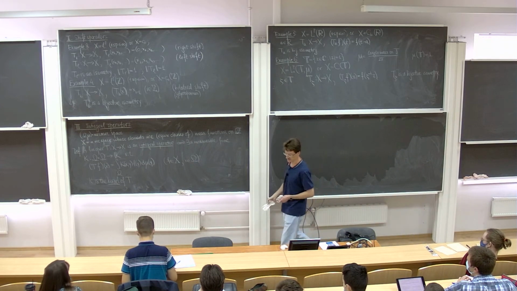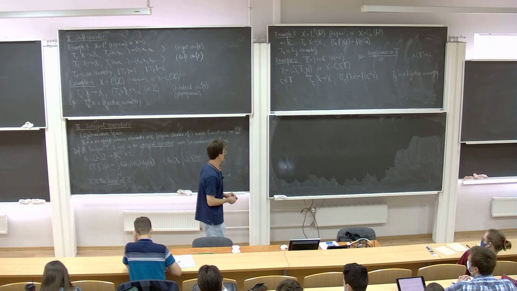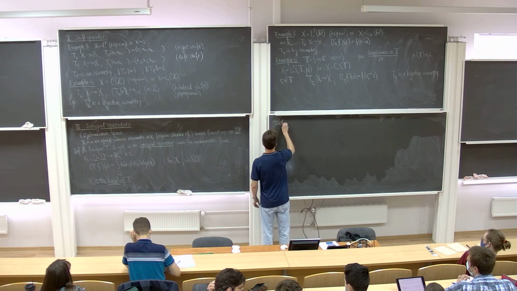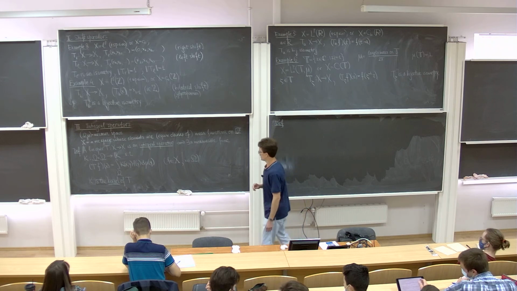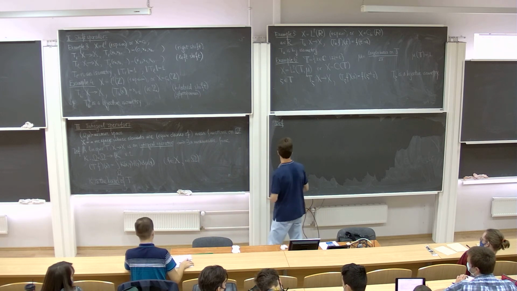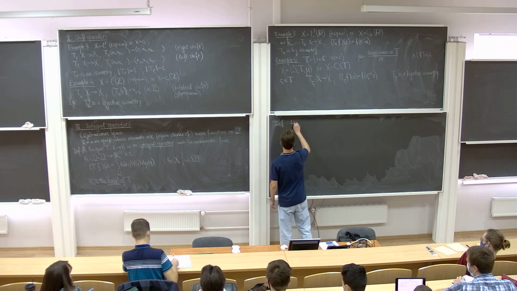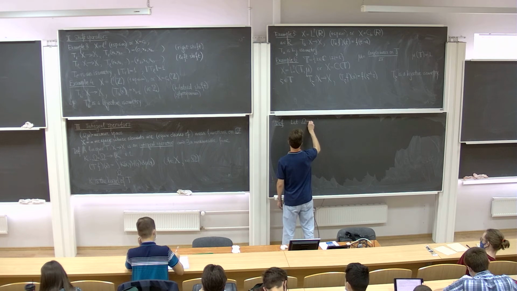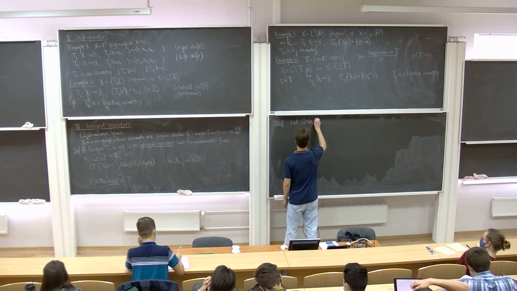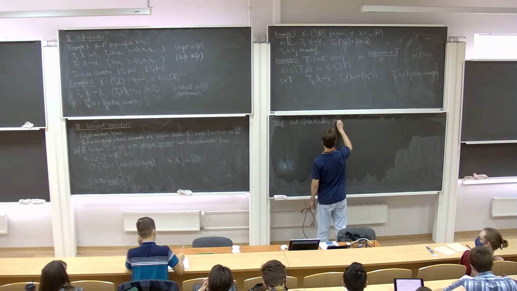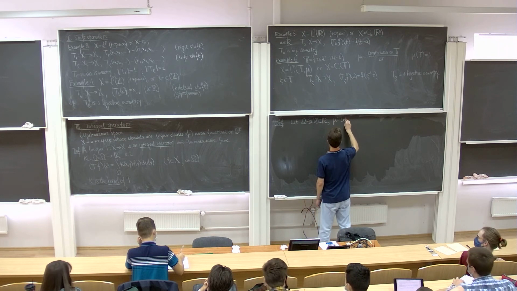Another closely related class of operators consists of so-called Volterra operators. So from now on, let's assume that omega is the interval (a, b) of the real line, and mu is the usual Lebesgue measure.